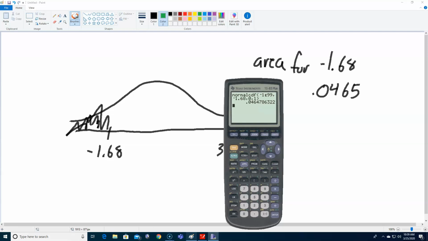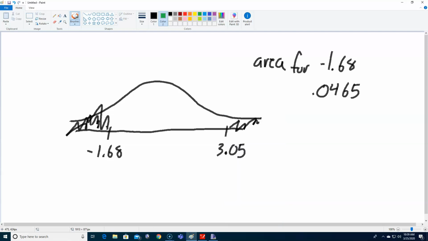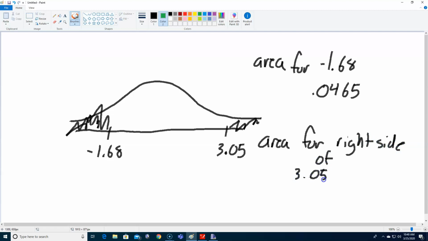Now that we found the area for the left side of negative 1.68, we're going to find the area to the right side of 3.05.